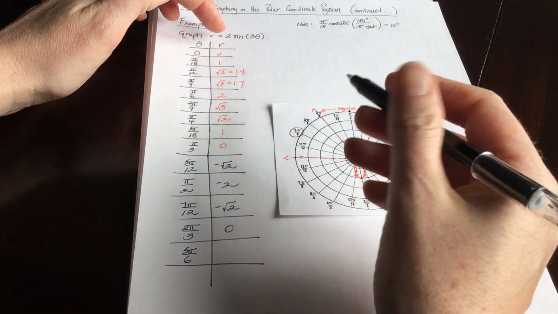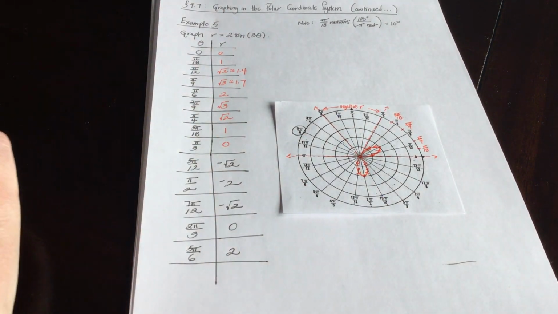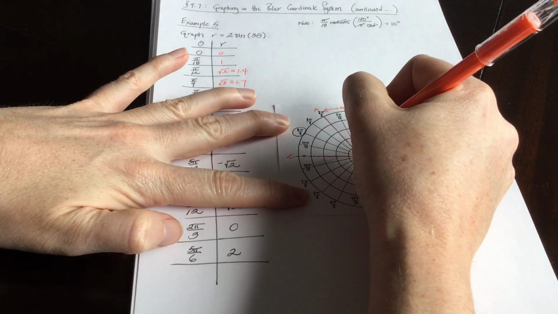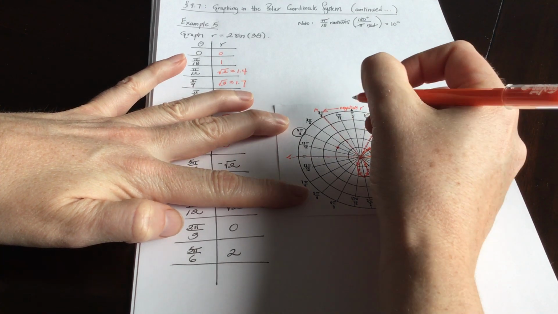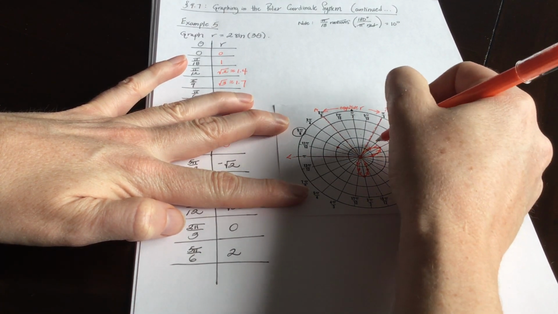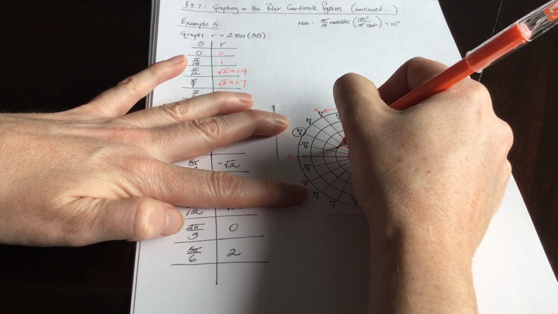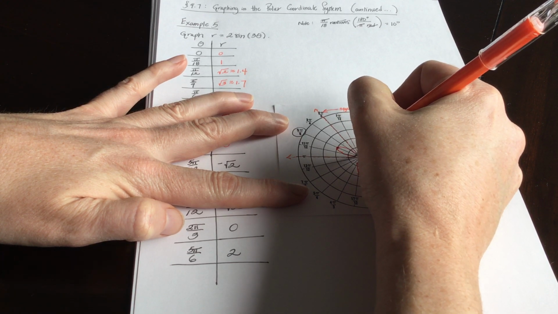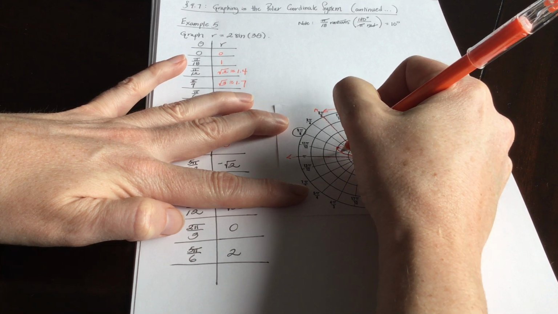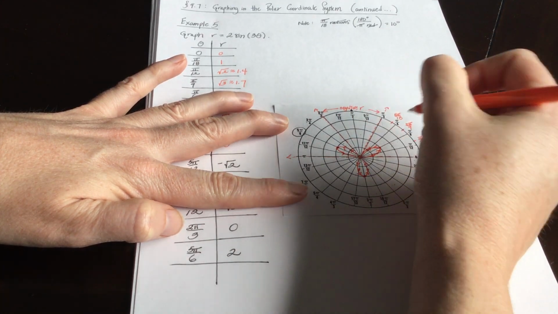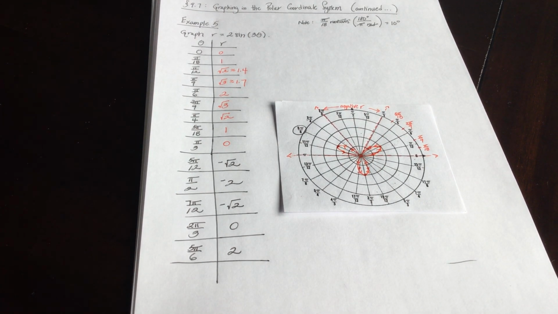So take the sine, you get 1, and then double it, you get 2. So you'd go toward 5 pi over 6, 2 units, and then if you figure it would have continued in the same manner, you would get this third petal here, like so. So there you have it.